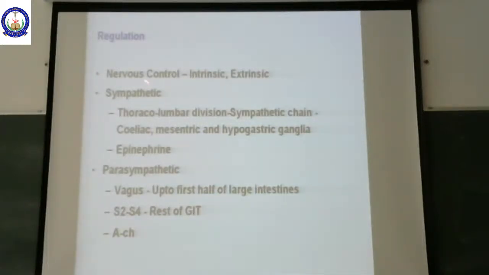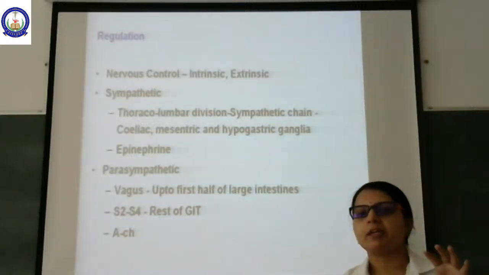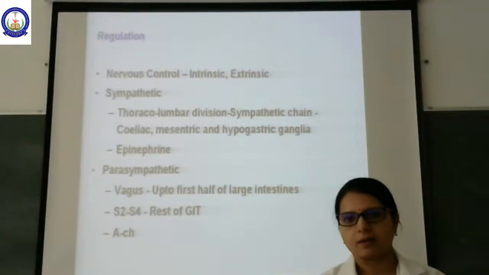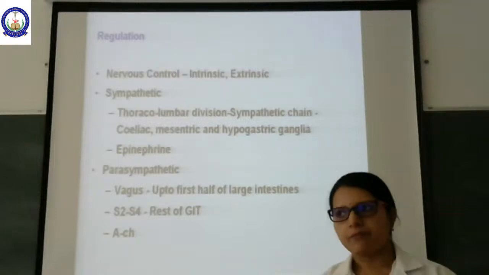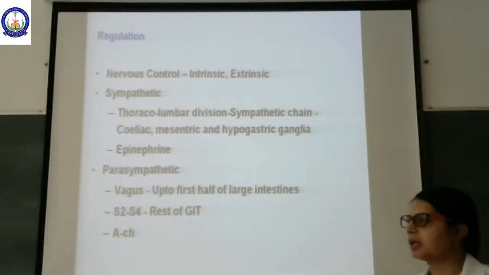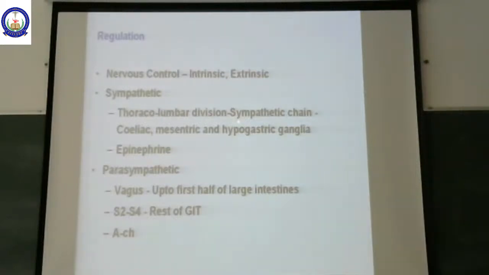Extrinsic is sympathetic and parasympathetic. As you are aware, the autonomic nervous system mainly controls the functions of the viscera or the abdominal organs. In the same way, the digestive tract has both sympathetic and parasympathetic innervation. The sympathetic is always by thoracolumbar outflow, whereas the parasympathetic is craniosacral outflow.